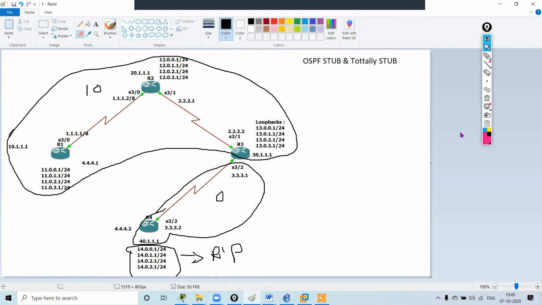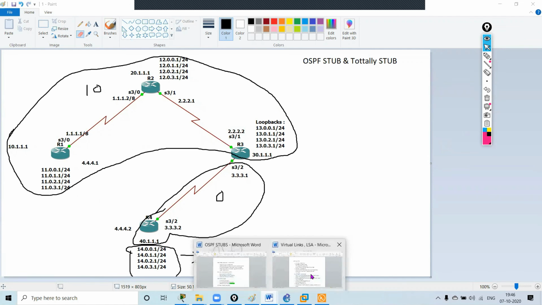Then after that, remove that configuration and configure area 10 to stop LSA 5, LSA 4 and LSA 3. That is E1, E2 routes and OIA routes. Understood? Totally stub.